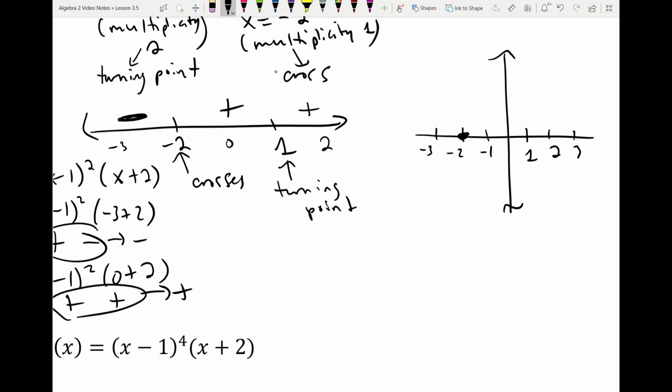There's a 0 there. There's a 0 at 1. To the left of -2, it's below the x-axis, not decreasing. It's below. And it crosses at -2, so we know it's going to cross. And then it's going to go into positive territory above, up until 1. From -2 to 1, it's positive.